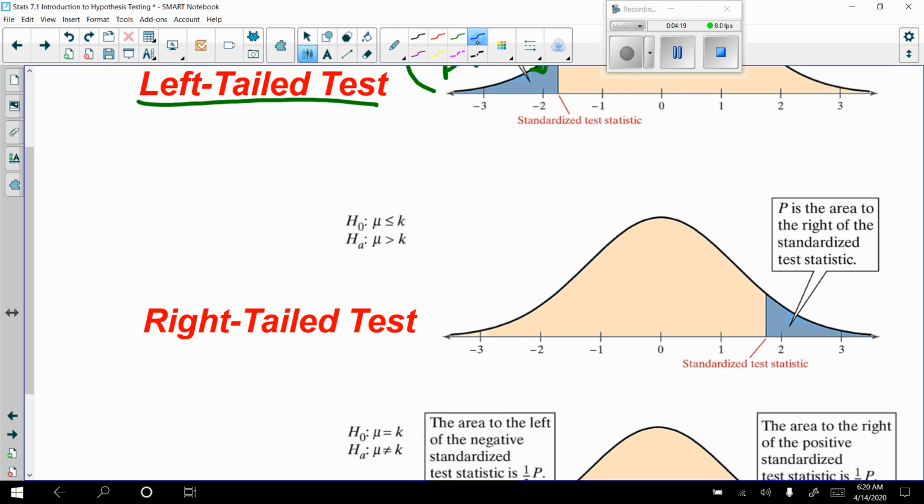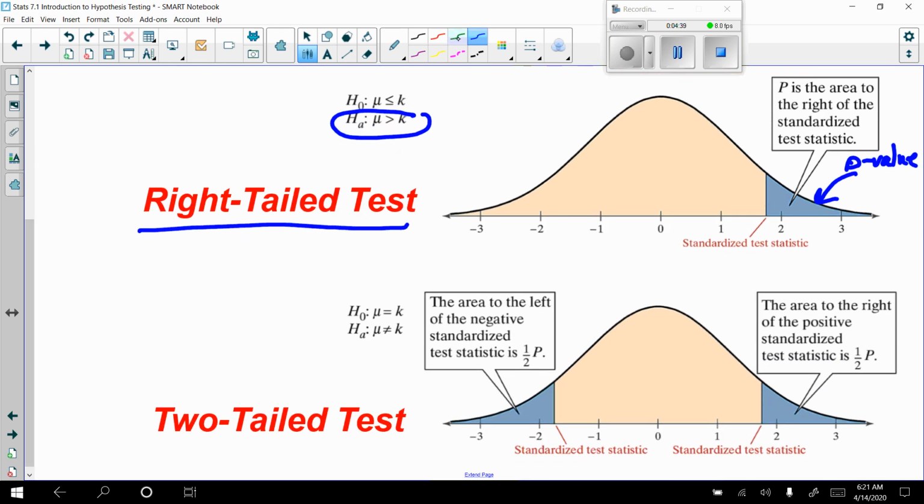There could be a right-tailed test where the alternate hypothesis is that mu, or the proportion, or the variance is greater than some number, so the p-value would be on the right. Or you could have a two-tailed test. That's when you have the not equal sign, where the p-value, half of it is on the left and half is on the right.